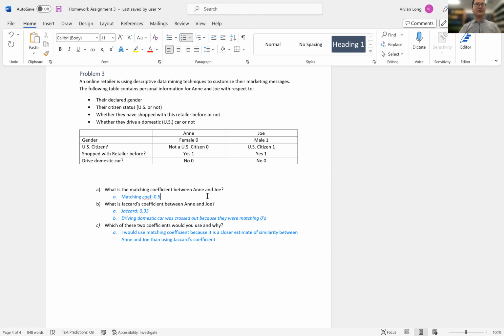So it doesn't really mean they are similar. That's why having this variable accounted for, as the matching coefficient does, may not be appropriate. Whereas Jaccard's coefficient does not include this variable for driving a domestic car or not. Then in this case, based on what we just discussed, it may be a good choice to use Jaccard's coefficient. However, you could also supply other reasons why the matching coefficient could be a better option.